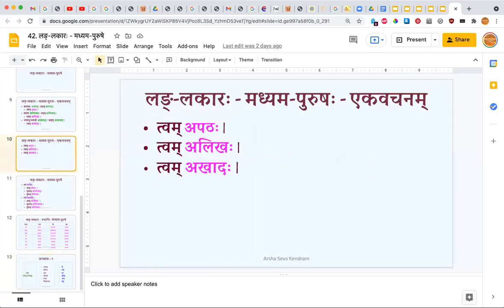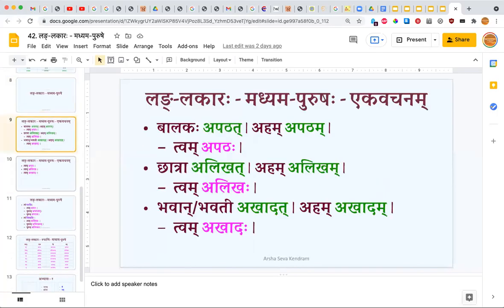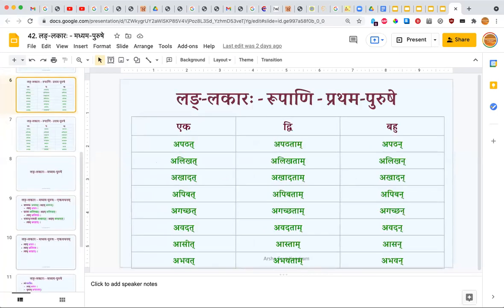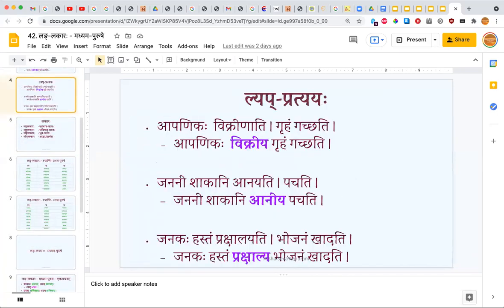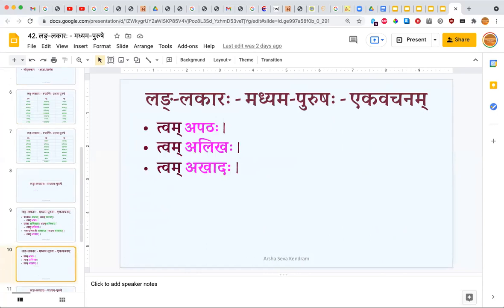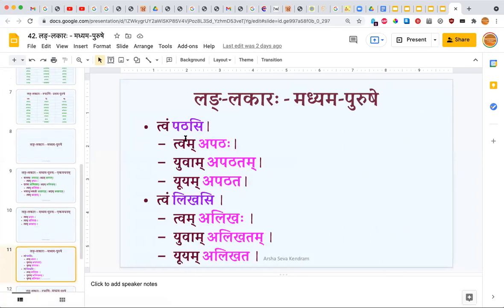Shya agacchati. Pathasi, so it will be Pathishyasi, Likhasi, Likhishyasi. We will revise Rut Lakara.